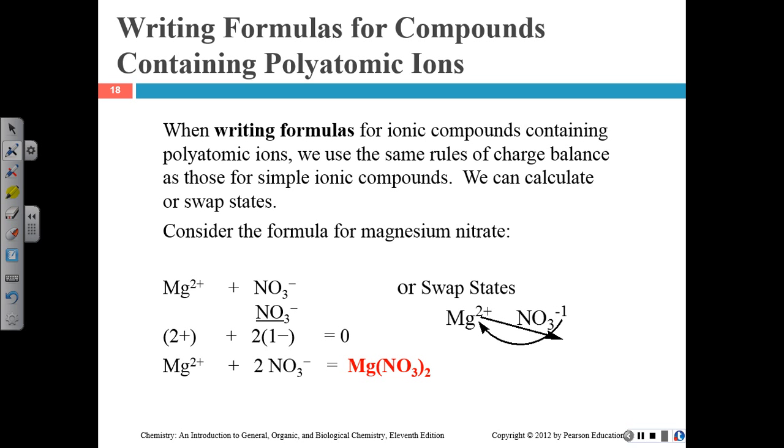The only thing here is if you bring that 2 over here and you put it next to that 3, what's that going to look like? It's going to look like 32, isn't it? So when you bring over a number greater than 1 here, you have to put that polyatomic ion in parentheses. Because if you don't, it's going to look like you have 32 oxygens. But really, you have 2 nitrate molecules.